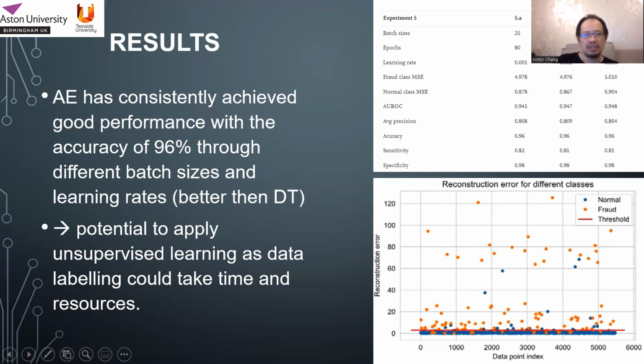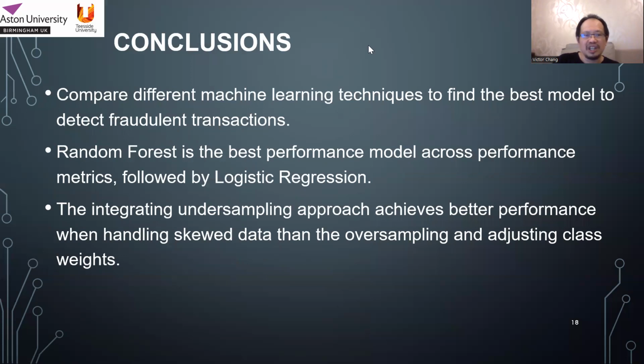So the conclusion is that we compared different machine learning algorithms to find the best model to detect fraudulent transactions, and random forest is the best performing model across the performance metrics, followed by logistic regression. They are both very close, as you have seen in the previous figures. And the undersampling approach achieves better performance when handling skewed data than oversampling and adjusting class weights.